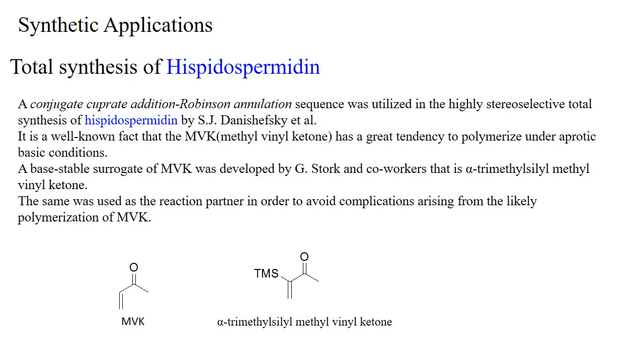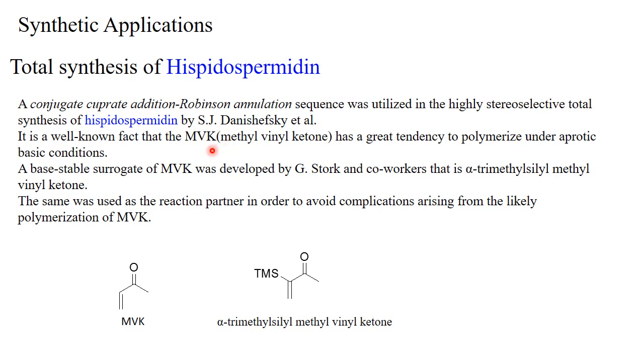Histidospermidine is an important organic compound which is synthesized by S.J. Danishefsky et al. During preparation of histidospermidine, the Robinson annulation reaction is used to prepare an important intermediate which is required for the total synthesis of histidospermidine.